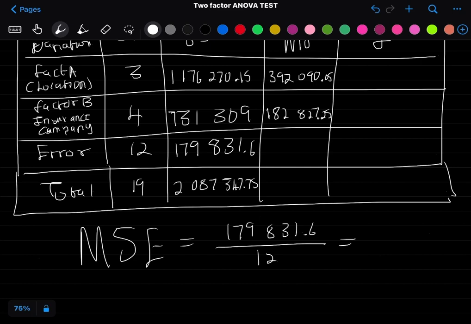Okay, so I forgot to mention the formula. It's this one.